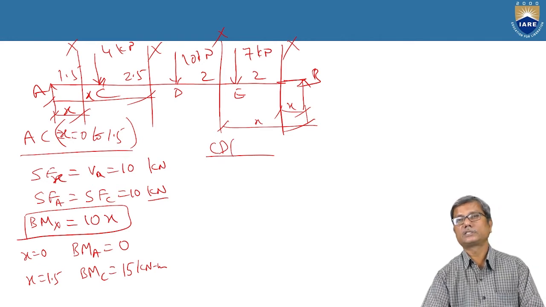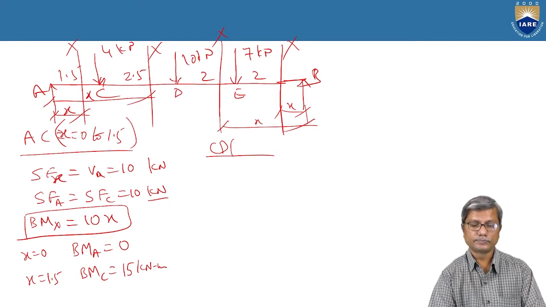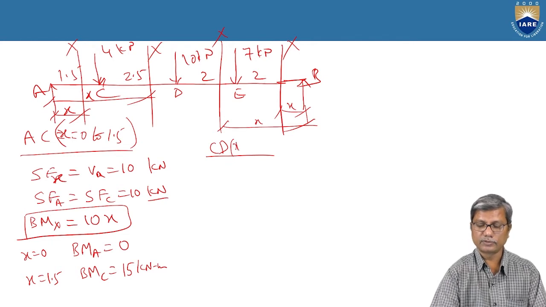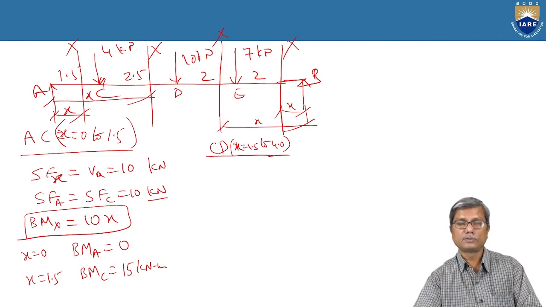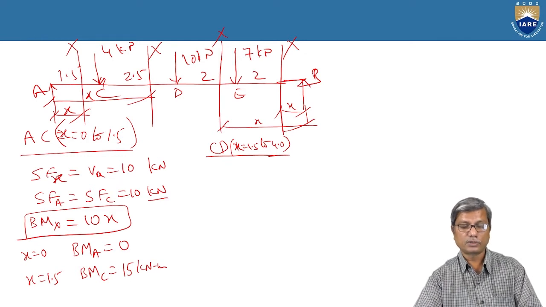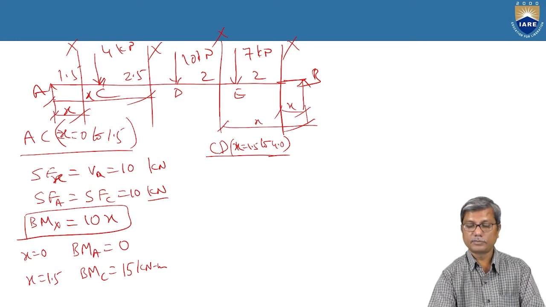So the limits for this x, because this section is valid in portion CD only, between points C and D, are from 1.5 to 4. When x is equal to 1.5, the section lies at C, and when x equal to 4, the section lies at D. So the origin here is taken from A.